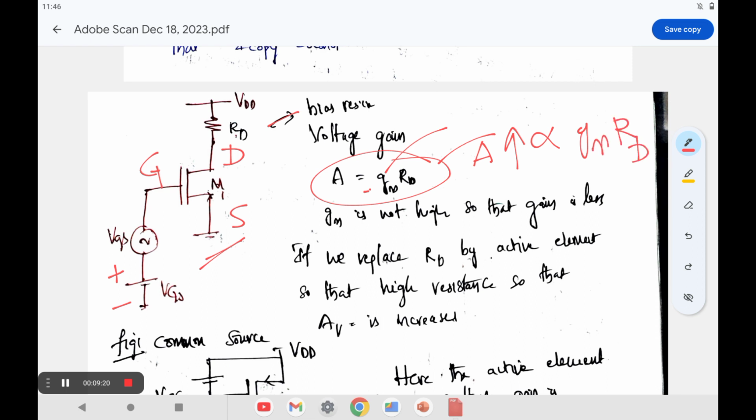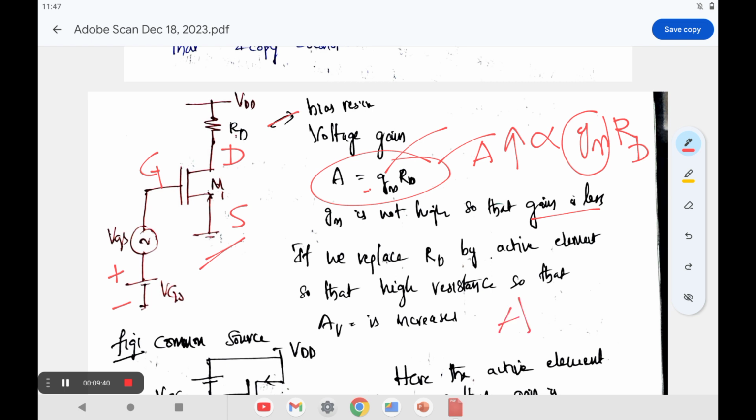But the GM value is not high, so the gain is also very less. So if you want to achieve more gain, obviously you need to increase the drain resistance.